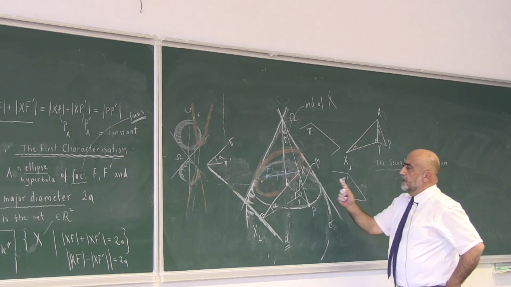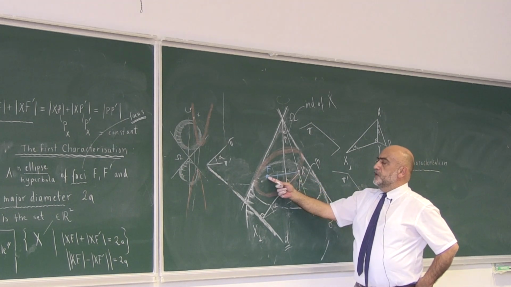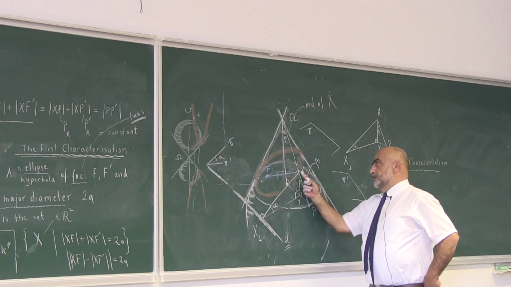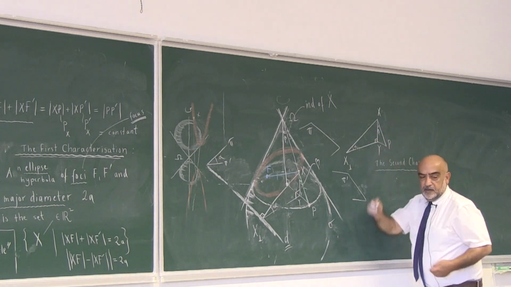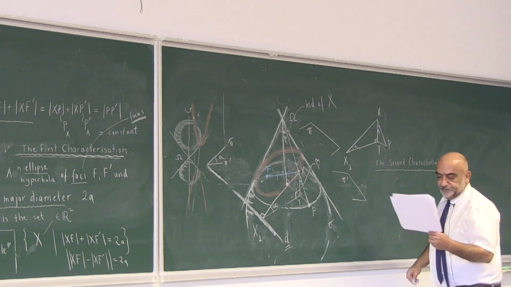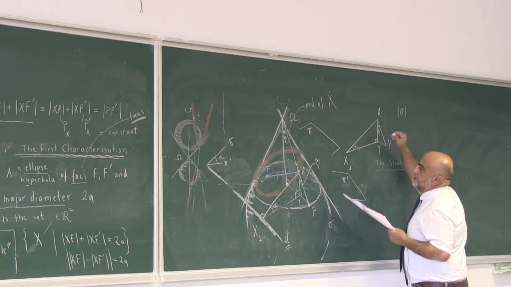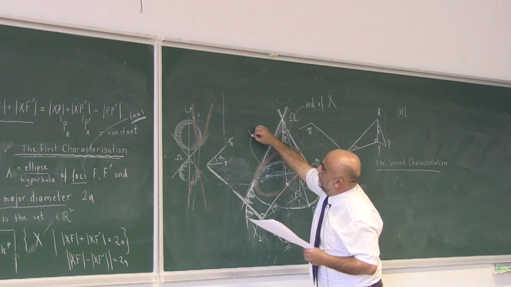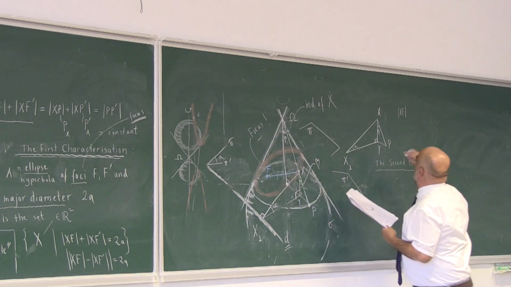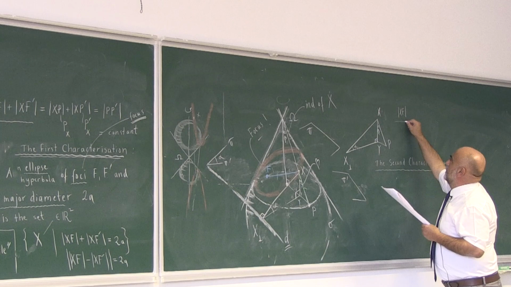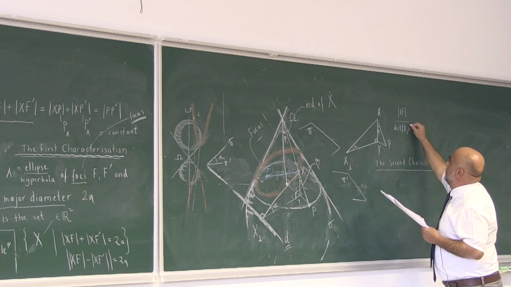I want to compare the distance of this point X from the point F to the distance of this point to the line D. So I take the distance XF. This point is called the focus. So the distance between the point and the focus, and the distance between the point and the line D.